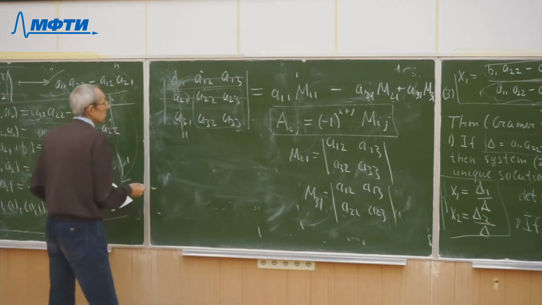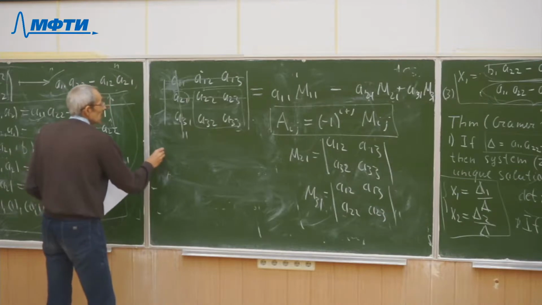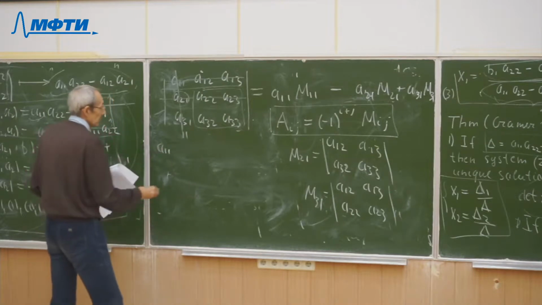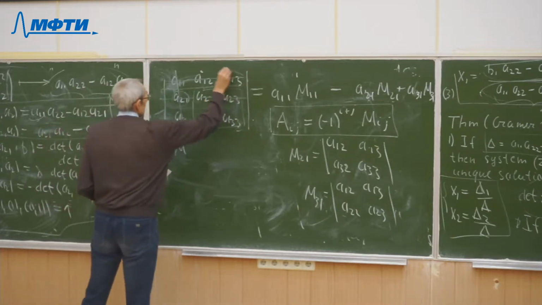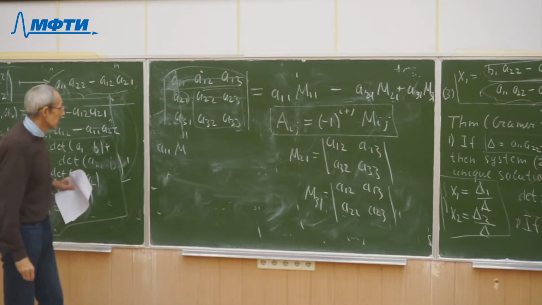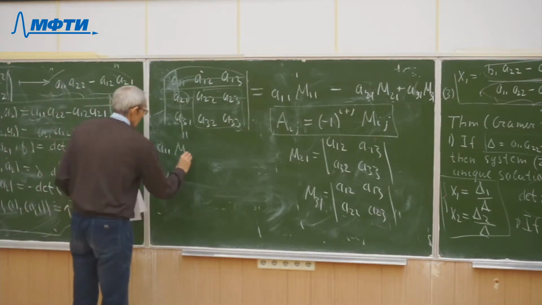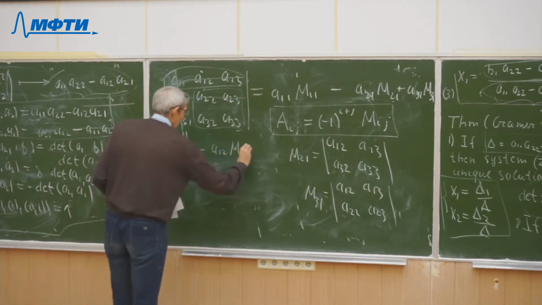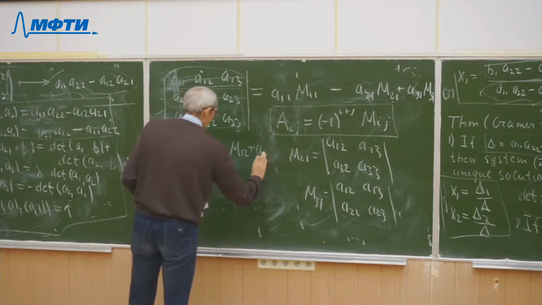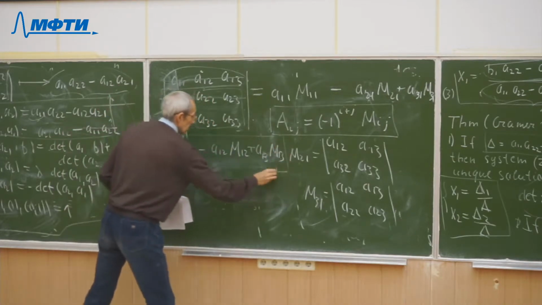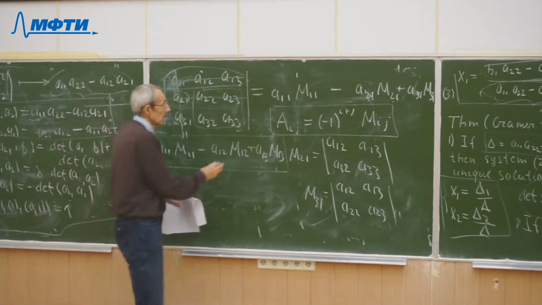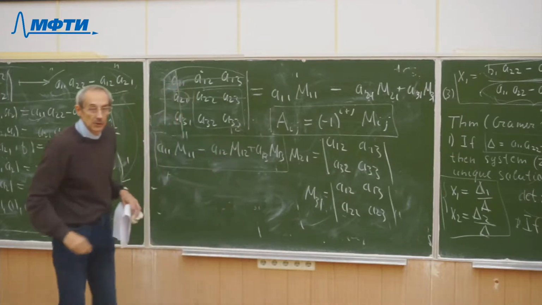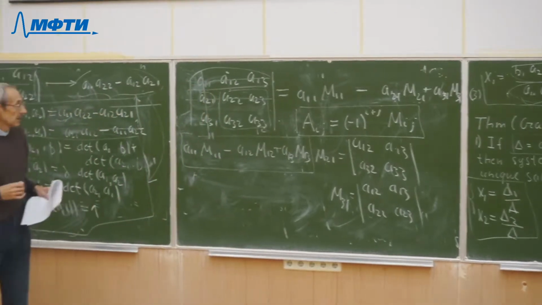In our case, we can define the determinant by another formula. I can consider the elements of the first row, a11, and so on. The theorem asserts that these two definitions are equivalent.